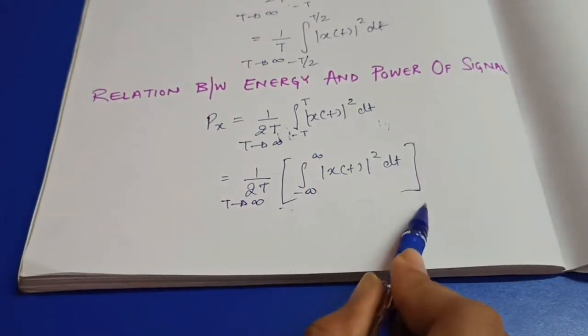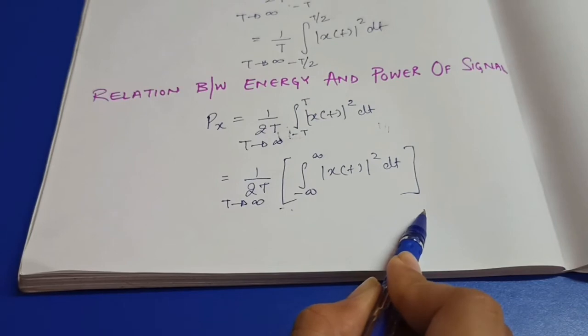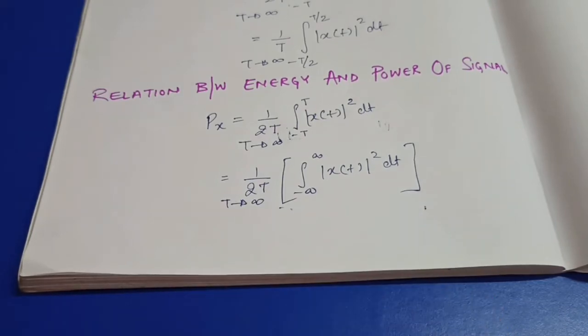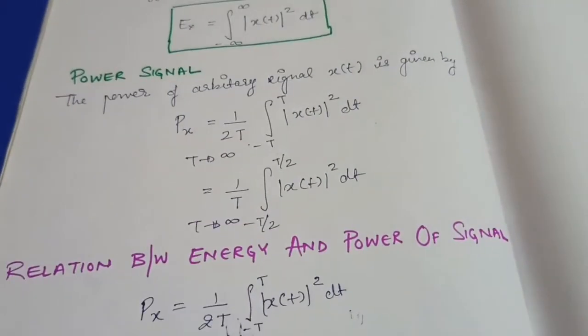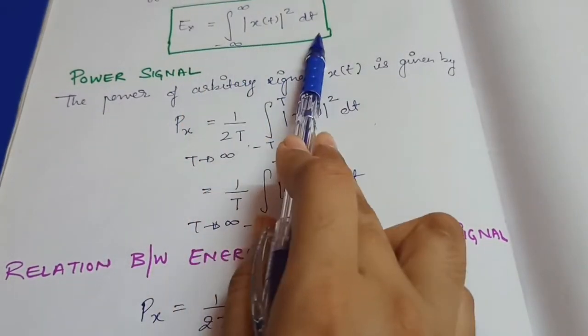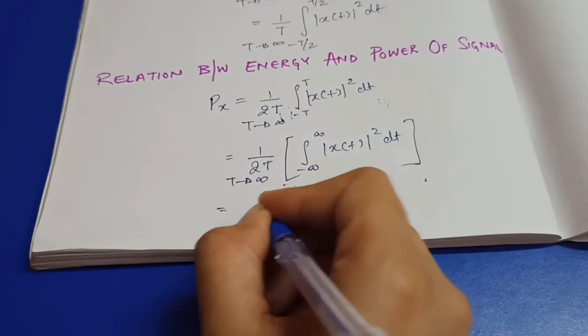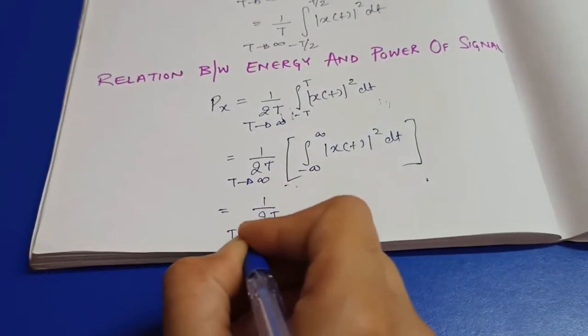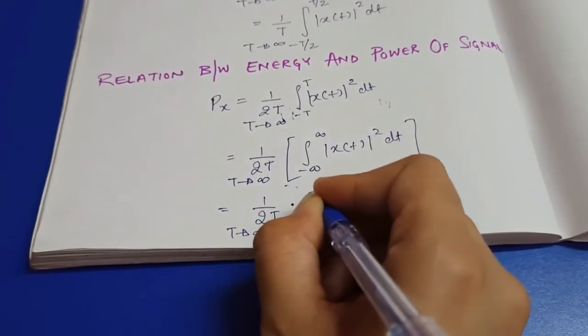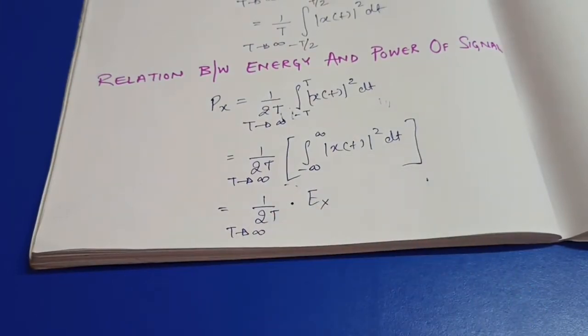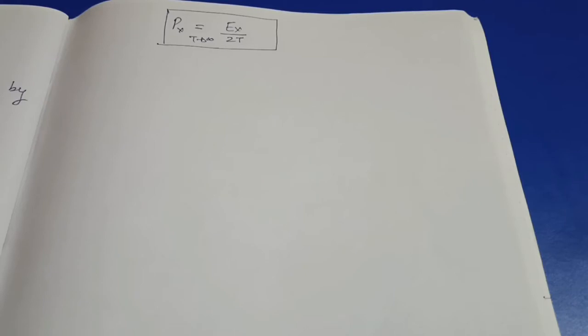And this is nothing but the energy of the signal, right? So replace it with energy. So this is the relationship between the power and energy of the signal.